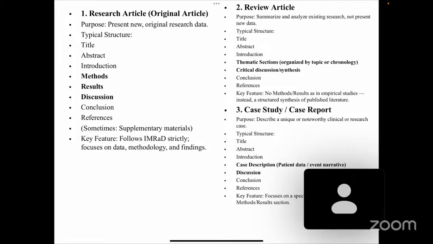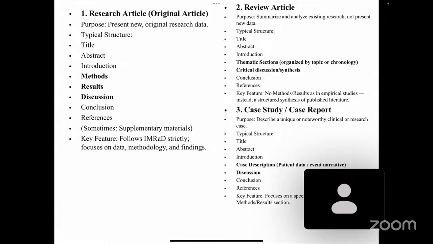We use this type of manuscript when we want to present new or original research data. The typical structure is title followed by abstract and introduction. However, this type of manuscript focuses on methods, results, and discussion.